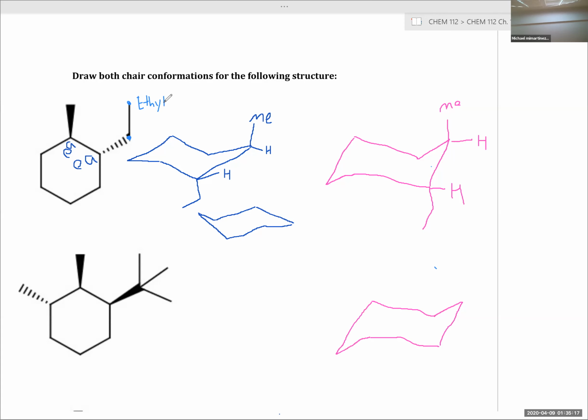I'll take a look at each of these before we clear them to discuss our final solution and the final conformations for each of these 2 structures.